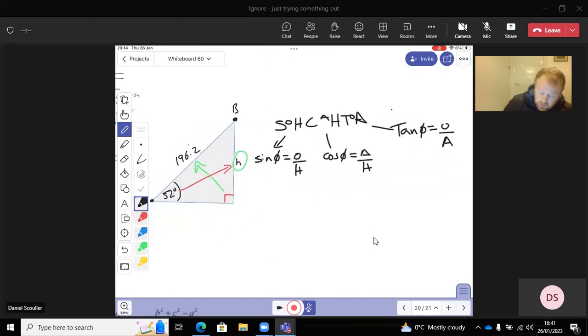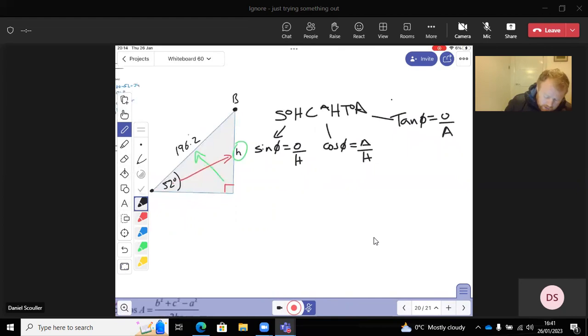Okay, now what have we got in this calculation? We've got the hypotenuse. That immediately rules out us using tan, because the tan equation doesn't use a hypotenuse anywhere in it. That's one of the bits of data we've got, so we need an equation with a hypotenuse in it. We've also got the angle, so that helps us with both.